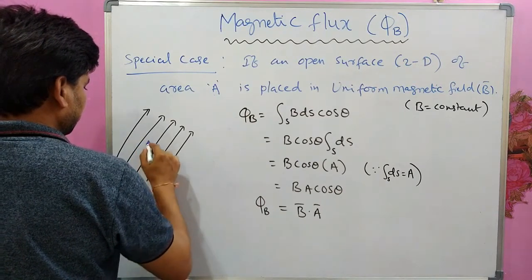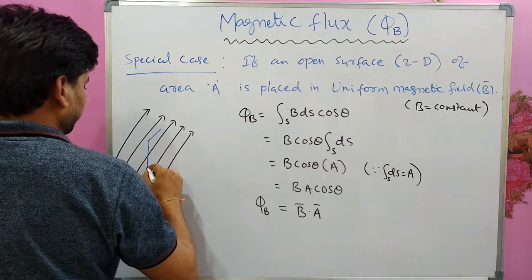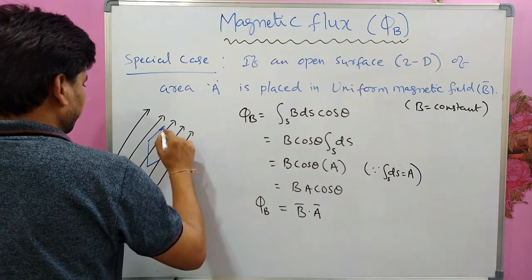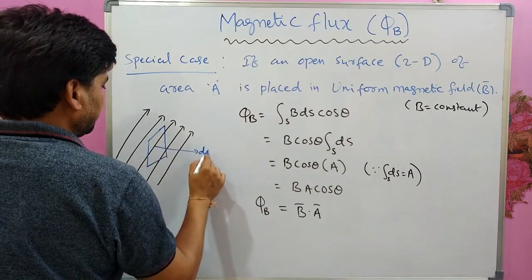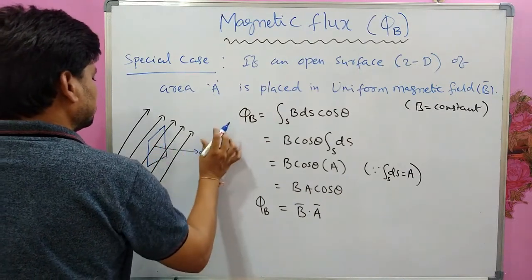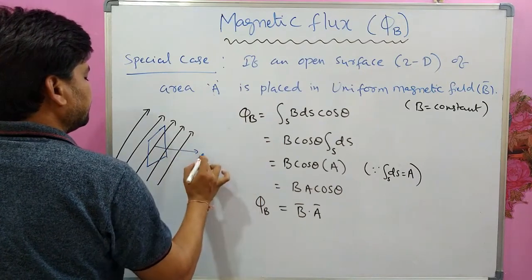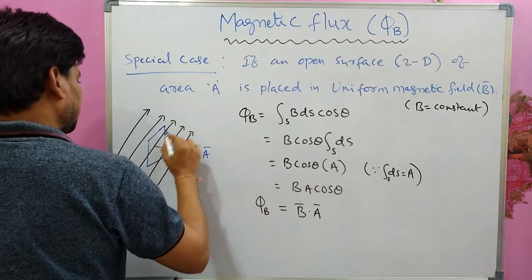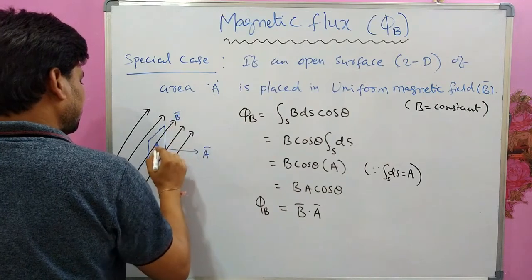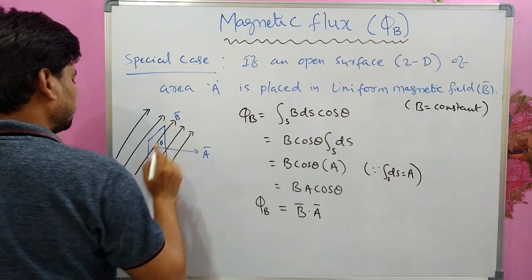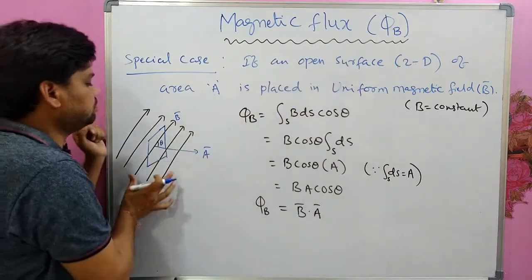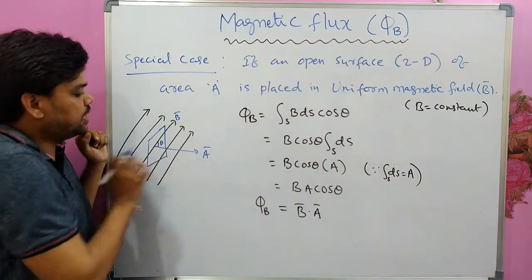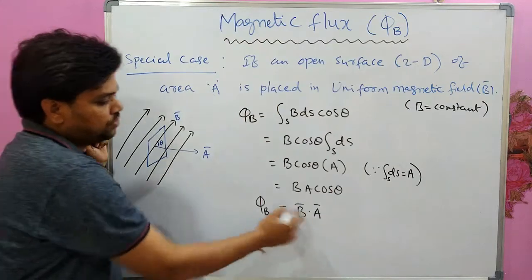This is my area vector, now it is A, and this is B, and this is theta. So this is how a 2D surface is placed in a uniform magnetic field with area A. In that case, we get this formula.